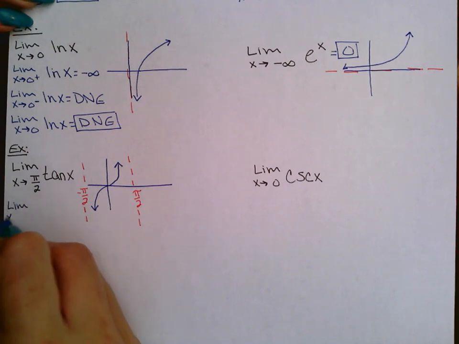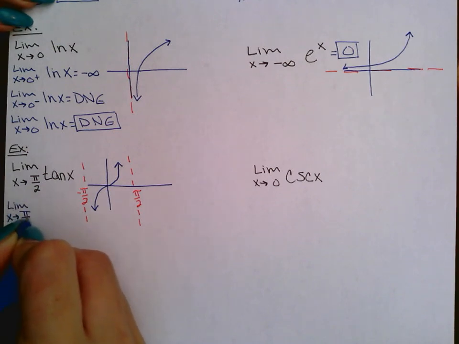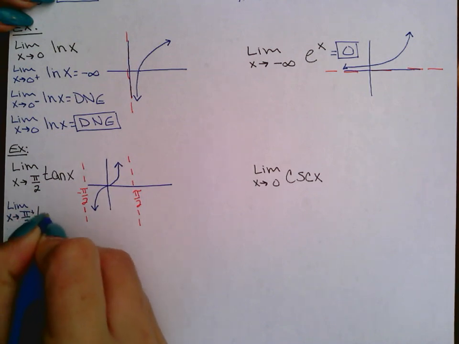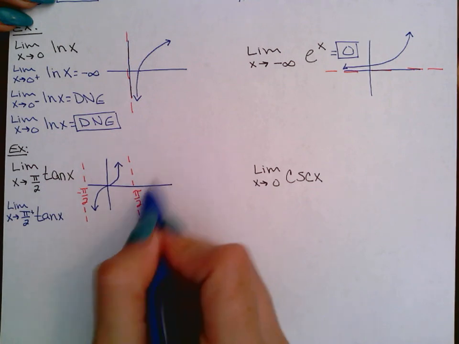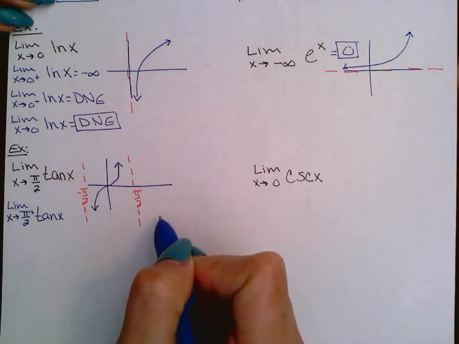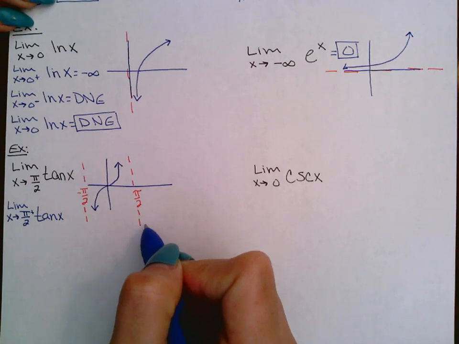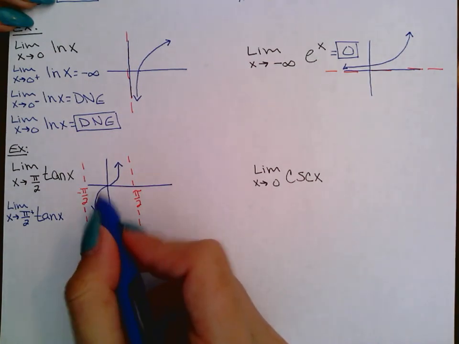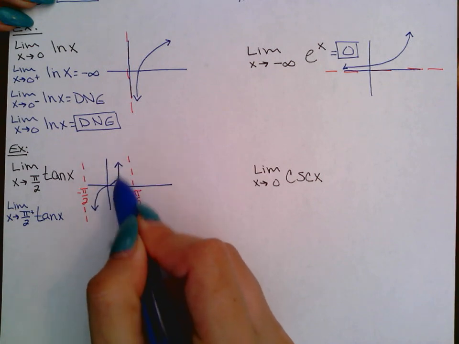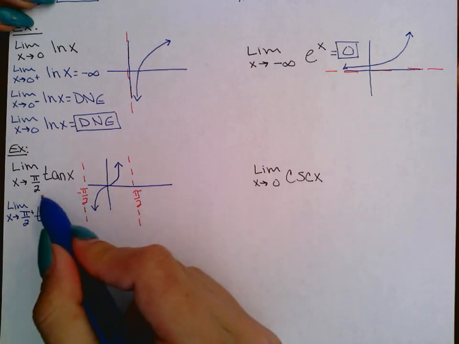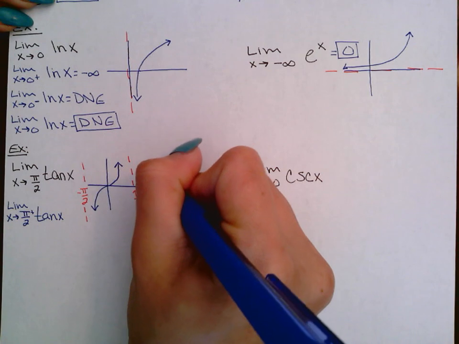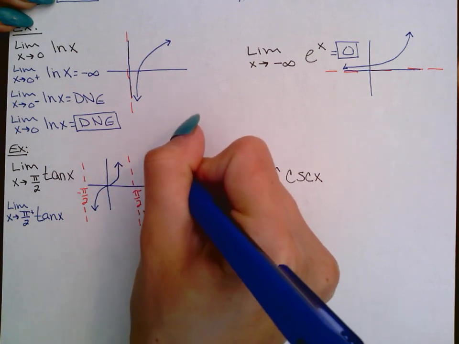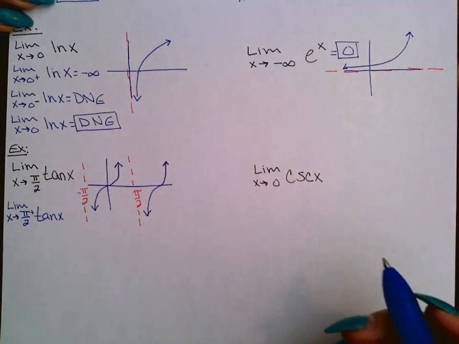So if I analyze the limit as x approaches pi over 2 from the right of tangent. So pi over 2 is here. From the right, I at the moment don't see anything happening. Remember that every single trig function happens infinitely. So what I drew here was just one cycle. This exact thing happens again and again and again, both to the right and to the left. So that means if I analyze this side, I should have another x cubed graph and another set of asymptotes and so on.